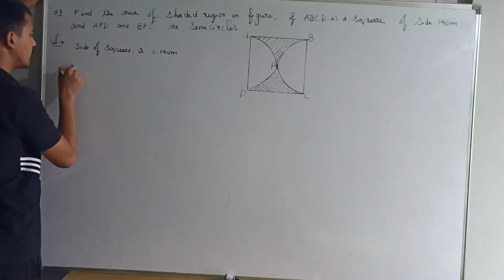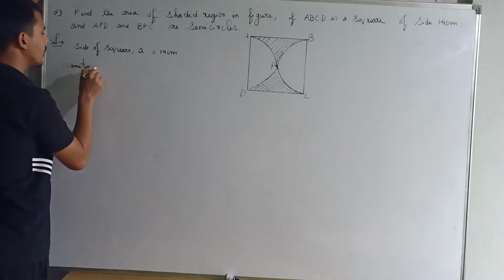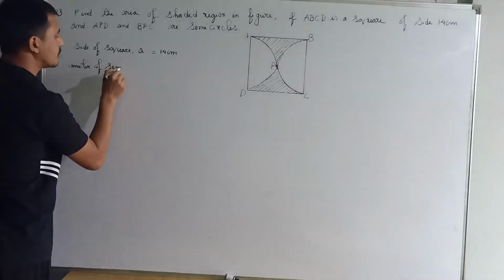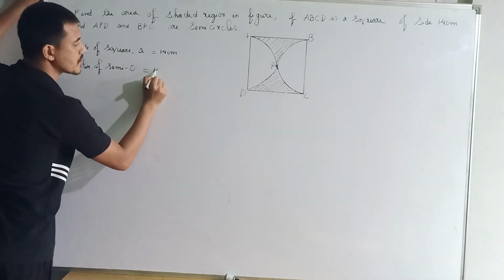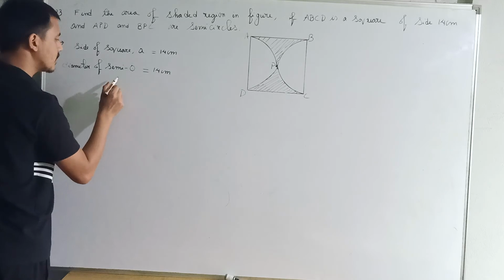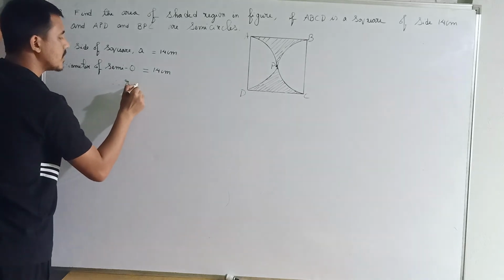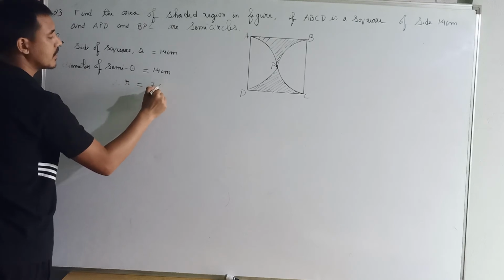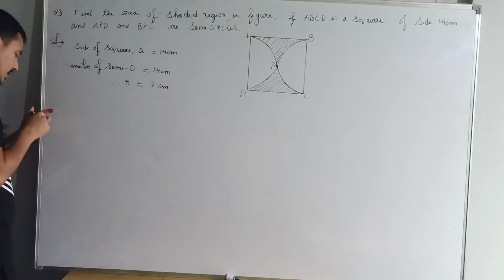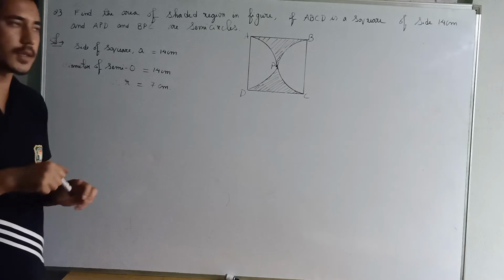So the diameter of semicircle will be the side of the square, that is 14 centimeter, and therefore the radius of the semicircle will be half of the diameter, that is 7 centimeter.